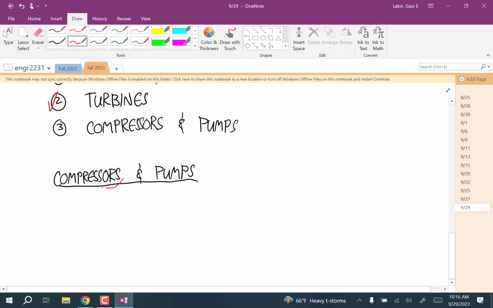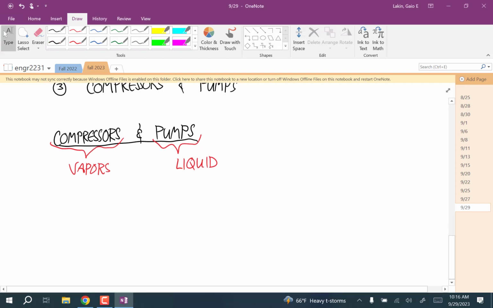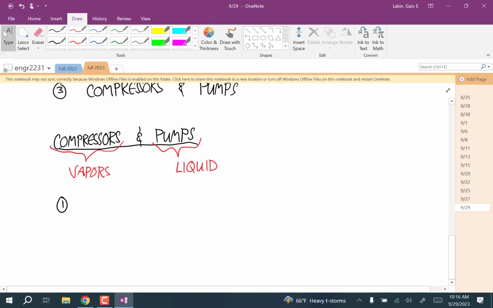A compressor deals with vapors, gases, and pumps deal with liquid. There are two things you can be dealing with here.